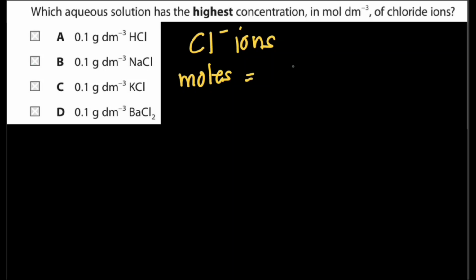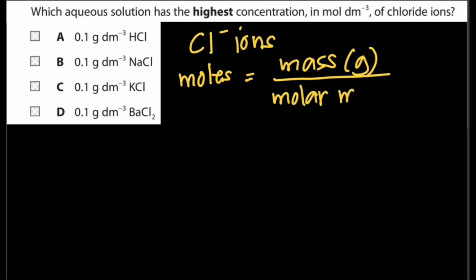Number of moles is just equal to the mass in grams divided by the molar mass, which is in grams per mole. So we will work out the number of moles of each of the solutes here, or the compounds given.